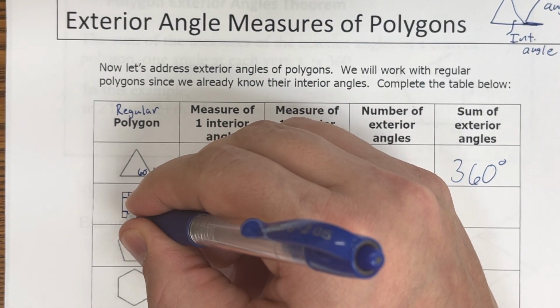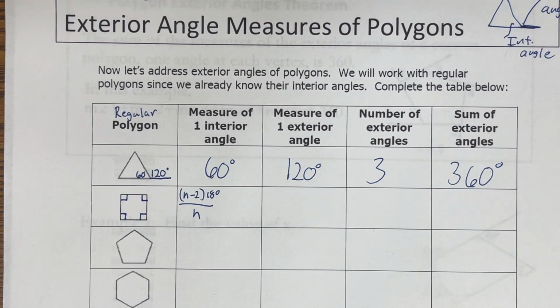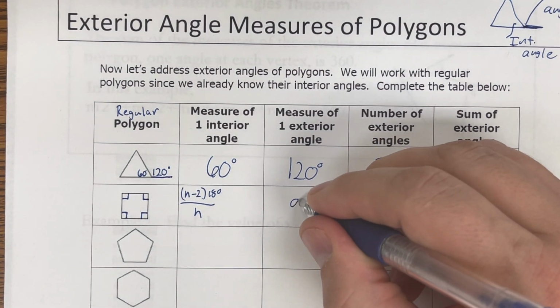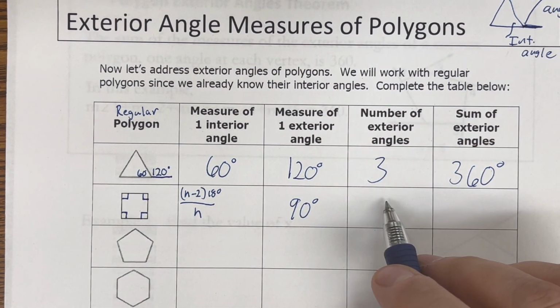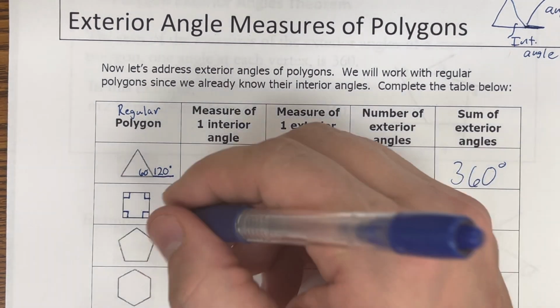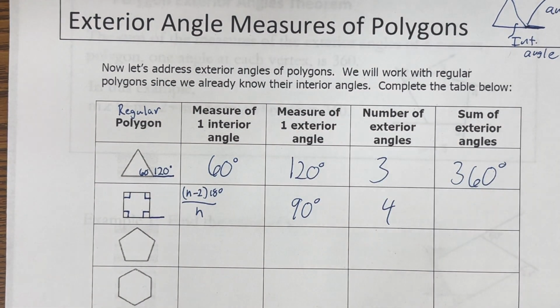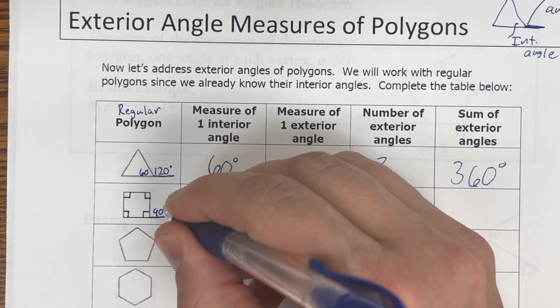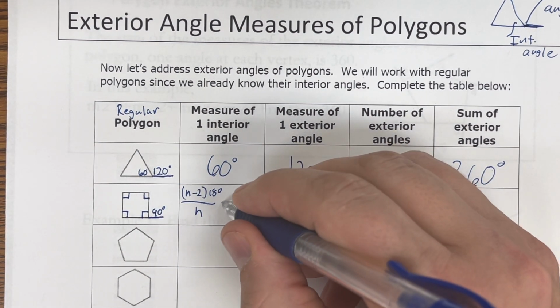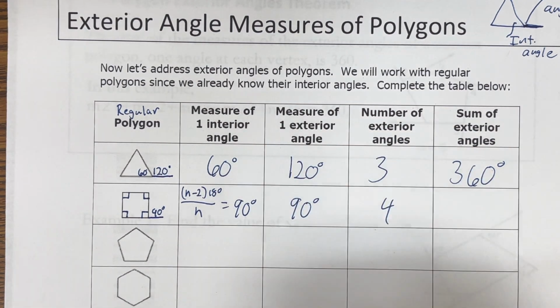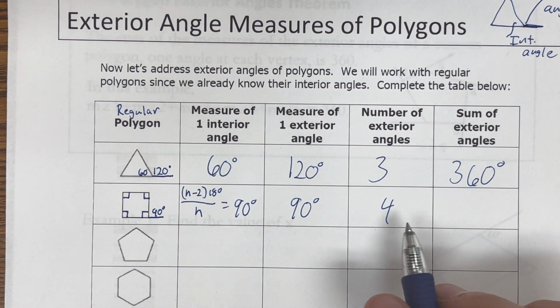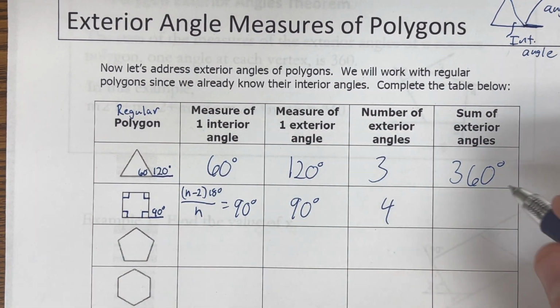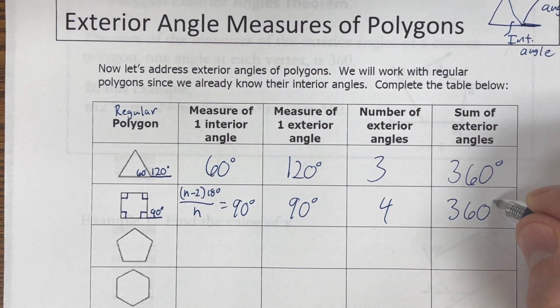If you don't know that, that's okay, but each one has to be 90, all right? And there are 4 of them because there's 4 sides, and the exterior angle is also 90, because those form a linear pair. So we have 90, 90, 4 of them. 4 times 90 is also 360.